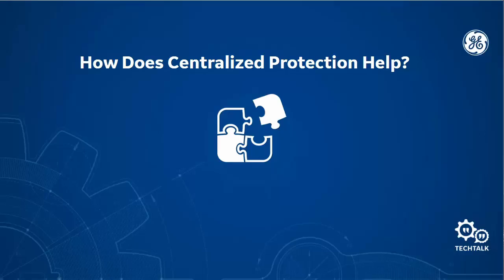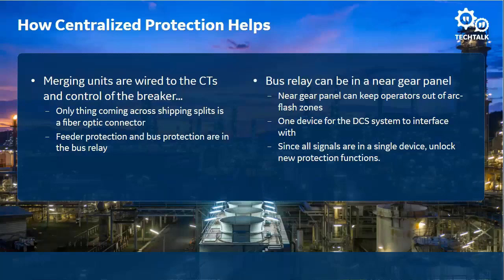So that's what centralized protection is. Let's talk about how centralized protection could help. When we look at centralized protection and how it helps, the biggest thing is if I have a large switchgear lineup, the only thing coming across shipping splits is a fiber optic connector.